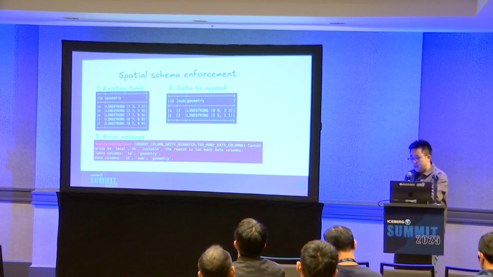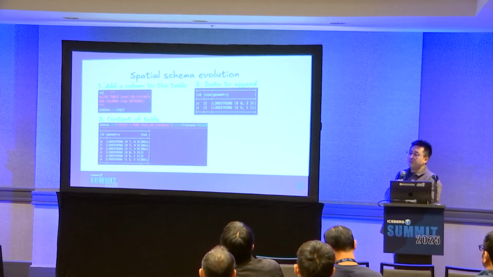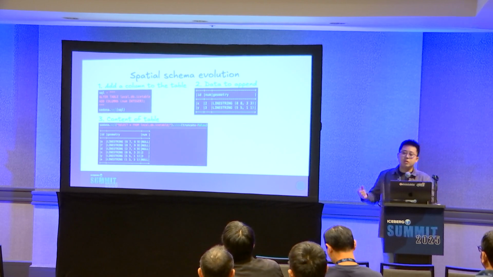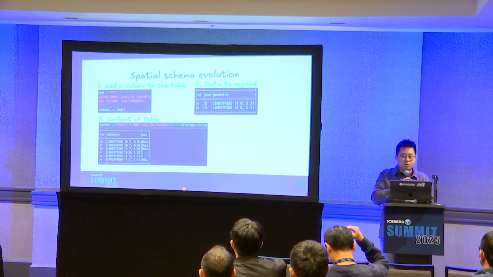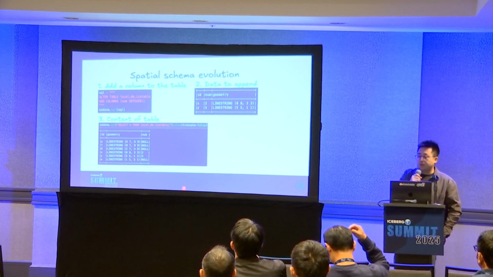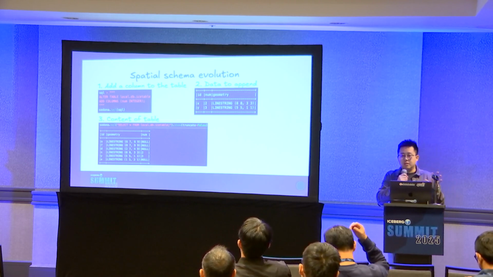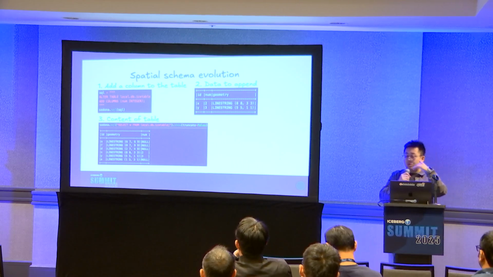Great. Now, if you really want to append that one into the original table, you could do spatial schema evolution. What you're going to do is first alter the original table to make sure it is identical to the new schema of the data you want to insert.